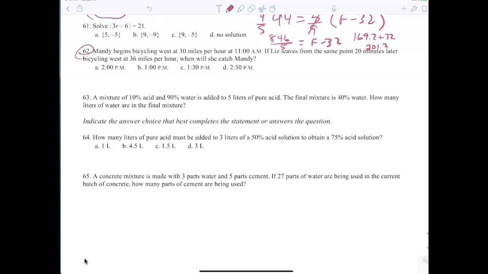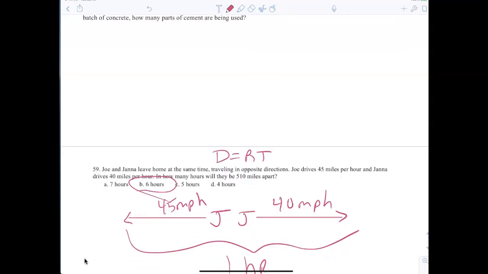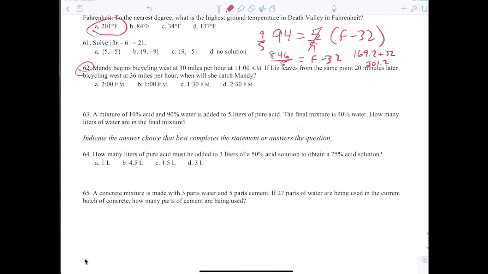It says Mandy begins bicycling west at 30 miles per hour. If Liz leaves the same point 20 minutes later, bicycling at 36 miles per hour, when will she catch up to Mandy? This is kind of a good problem. So let's look at this. I'm going to draw this down here.